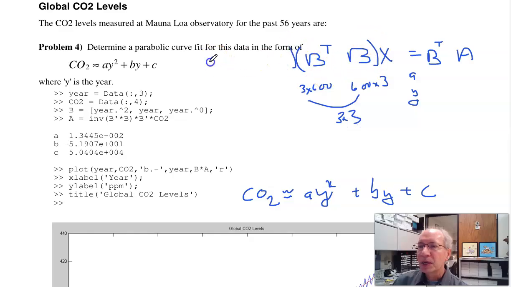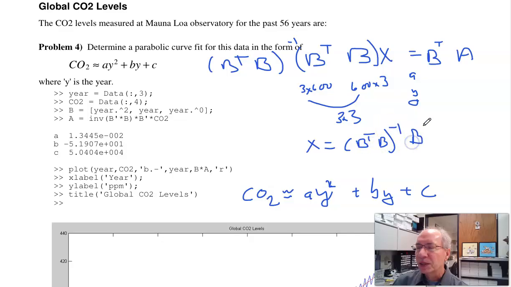So if I multiply by b transpose b inverse, that'll clear out this guy right here. And what you get is x. X is b transpose b inverse b transpose a.